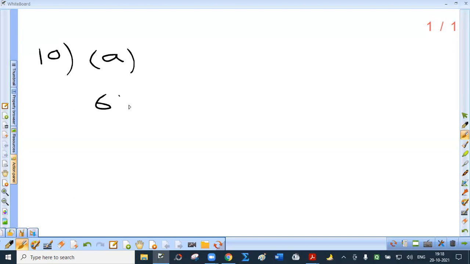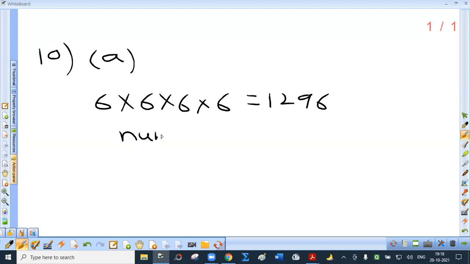Therefore, 6 into 6 into 6 into 6. What is the product? 1296 numbers can be formed. Right?